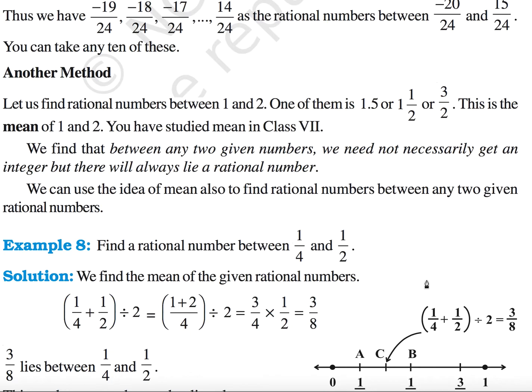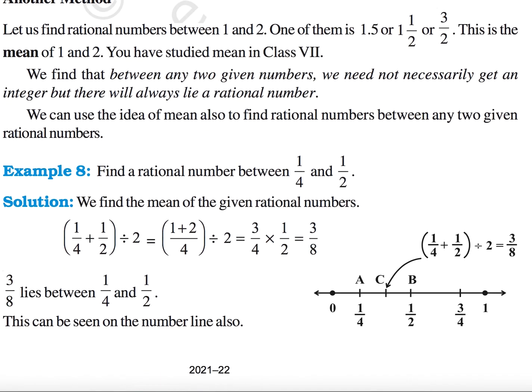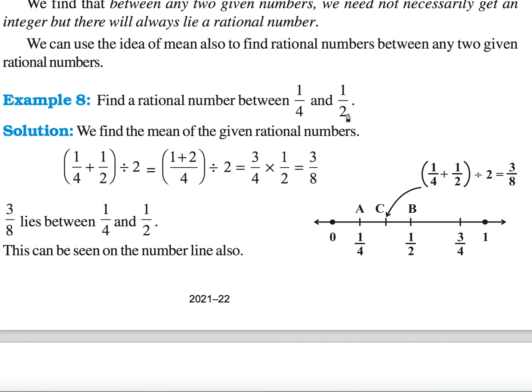We can use the idea of mean to find rational numbers between any two given rational numbers. Find the mean, add them and divide by 2: 3 by 8 lies exactly halfway between these two.